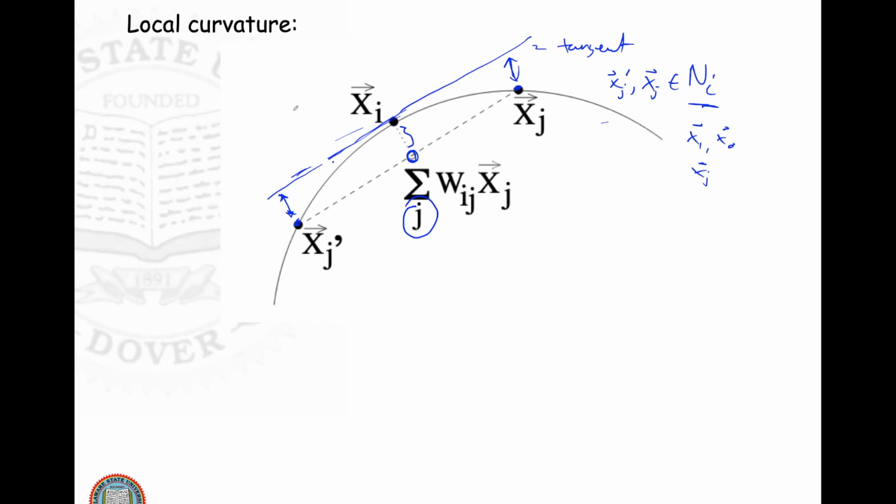Now, of course, if you have n data points, the entries corresponding to the neighbors of point xi are going to have non-zero values, and those points from your data set that are not in the neighborhood of xi are going to have zero values.